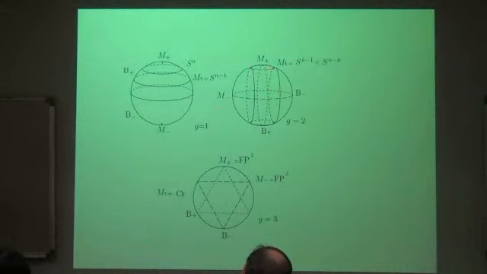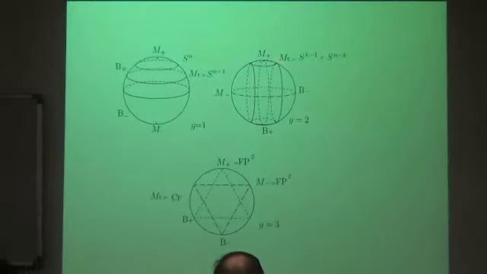So this part is an isoparametric hypersurface, and it develops in this direction and in this direction and collapses to this other focal submanifold.